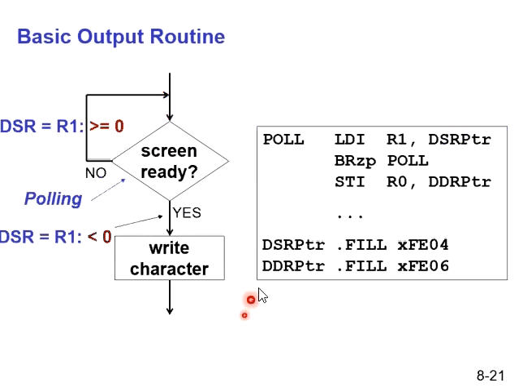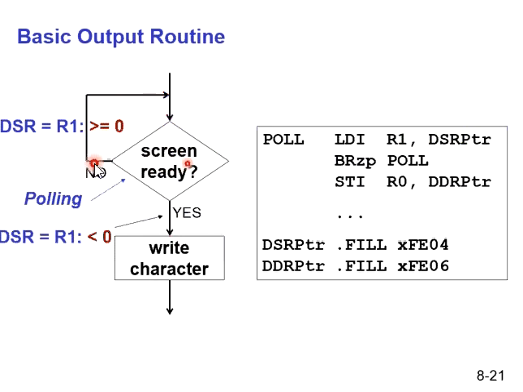So over here we have the basic output routine. We check whether the screen is ready. Yes, that means the screen is ready. No, that means the screen is not ready, that depends.